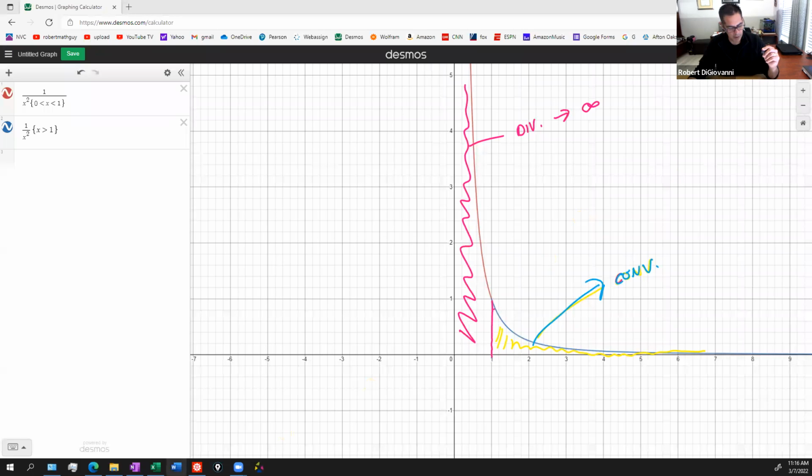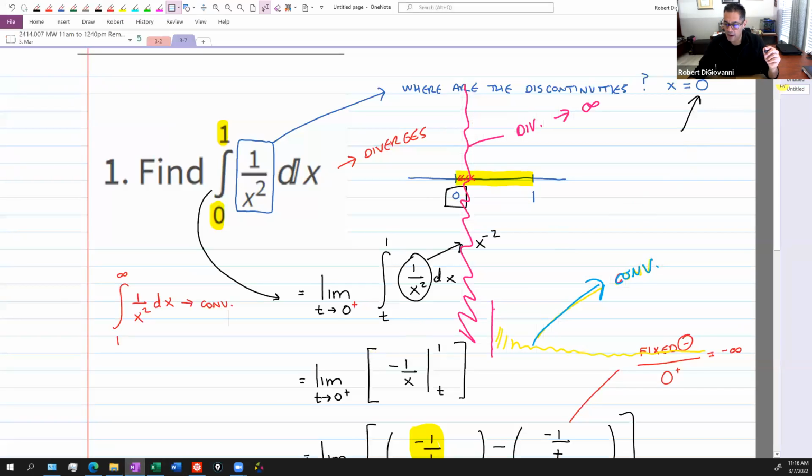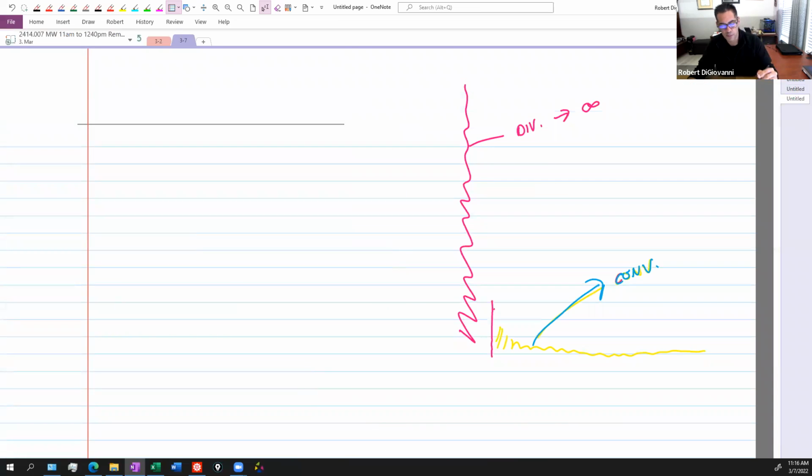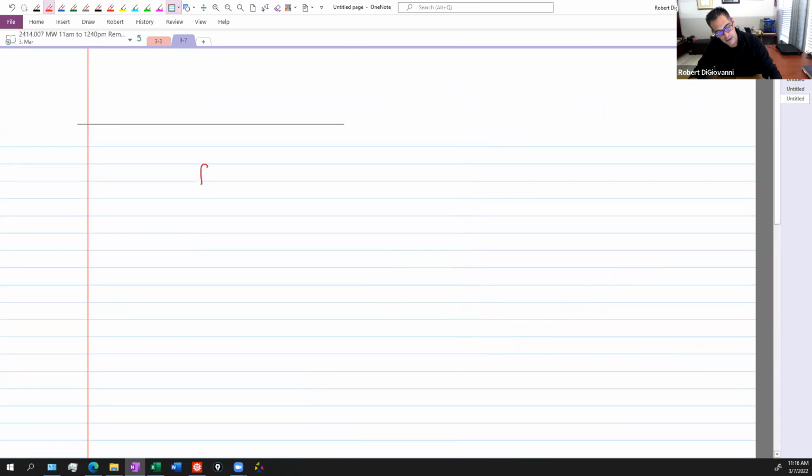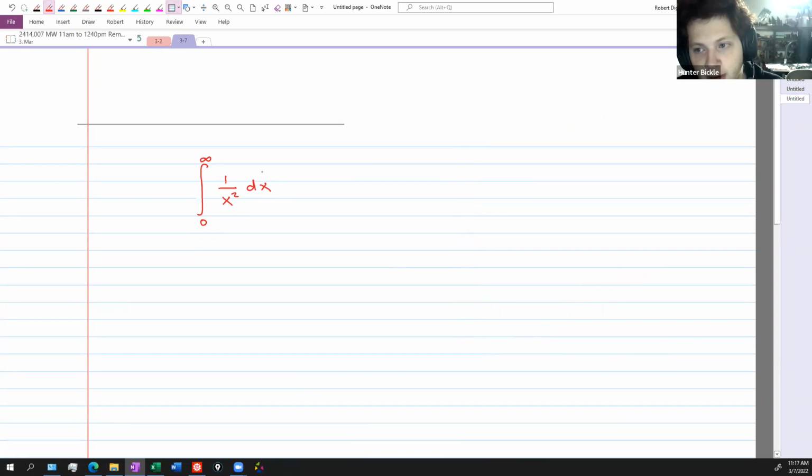So what do you think we would get? How do you think you would go about this problem if you had the integral from 0 to infinity of 1 over x squared dx? How do you think you could handle this? Gut reaction, I'd want to break it in half. You could break it up, right?